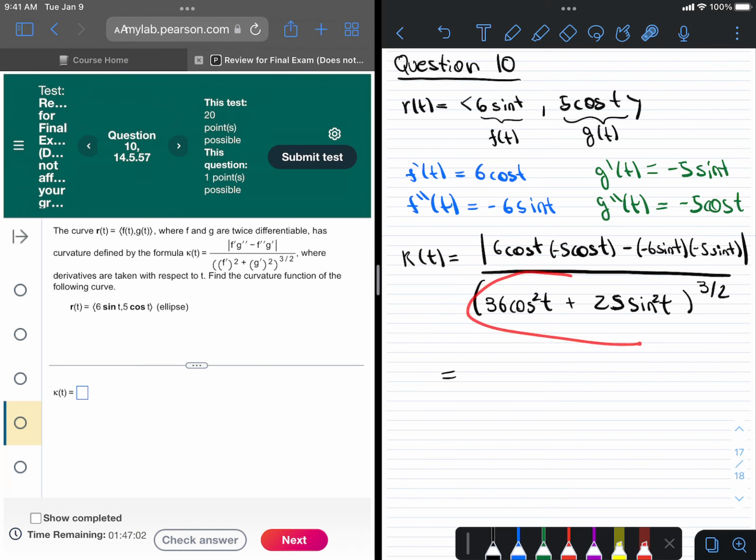So the bottom can't be made any better, or maybe a little bit.